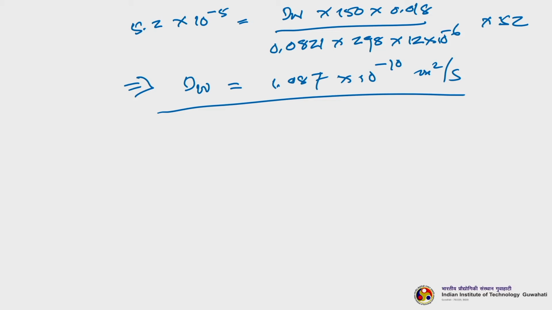Now, we have to calculate the salt diffusivity, which is ds. You know, the salt flux Js equals minus ds, the salt diffusivity, into delta Cs divided by Lm. Lm is the membrane thickness, right.